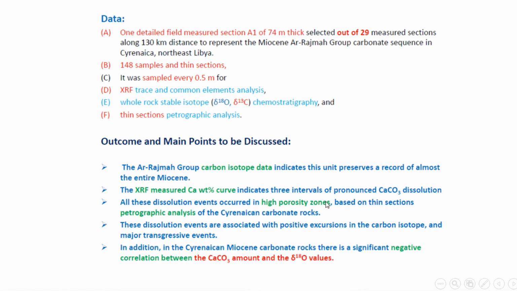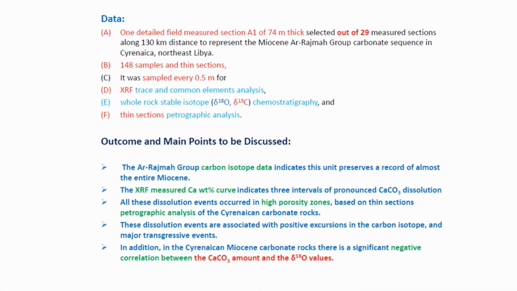High porosity zones are indicated by petrographic analysis, while the positive carbon excursions are indicated by stable isotope analysis, and major transgressive events are indicated by sequence stratigraphic analysis. We will talk about the sequence stratigraphic framework of the Cyrenaican Miocene in detail in the next slides.